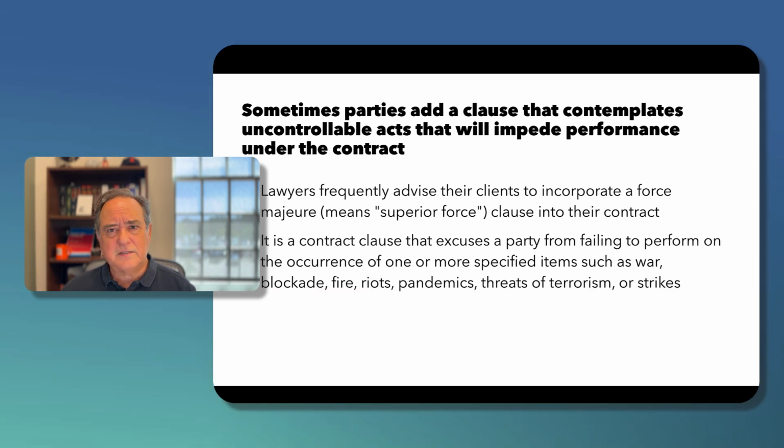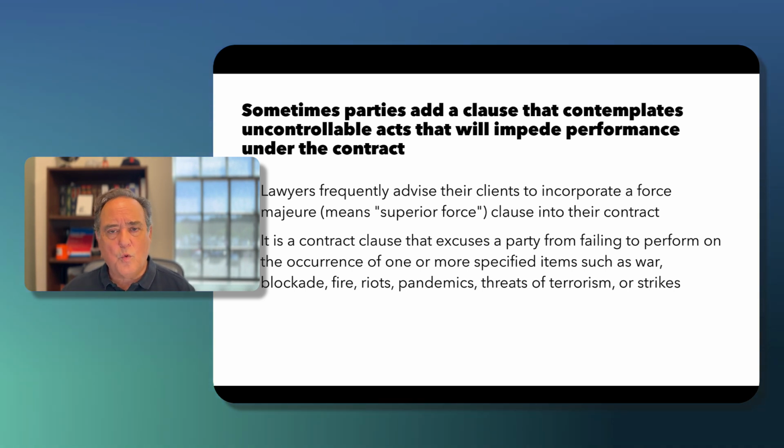And this clause is a contract clause that excuses a party from failing to perform on the occurrence of one or more specified events, such as war or blockade or fire or riots or pandemics, threats of terrorism, strikes. We include all of these in the contract.